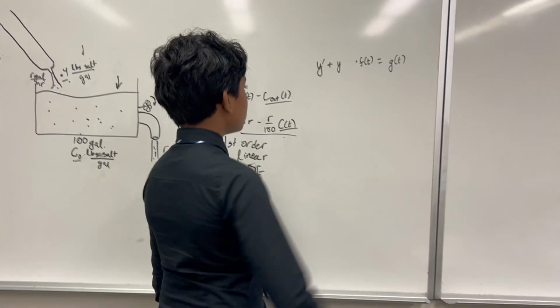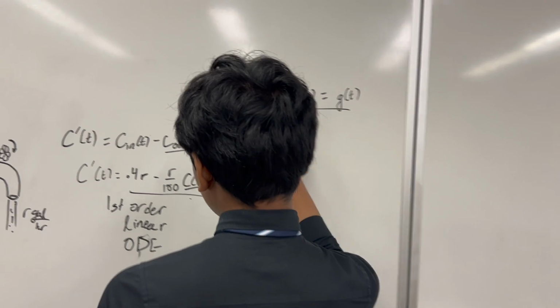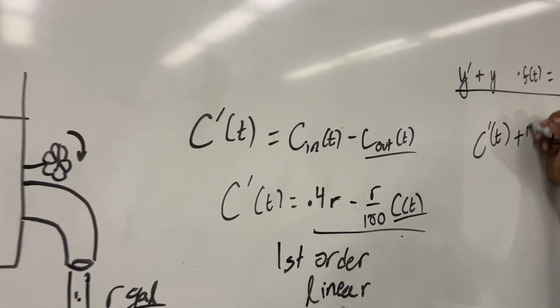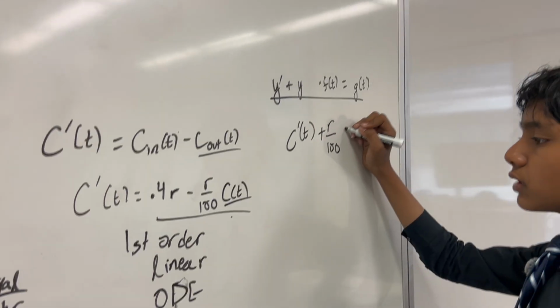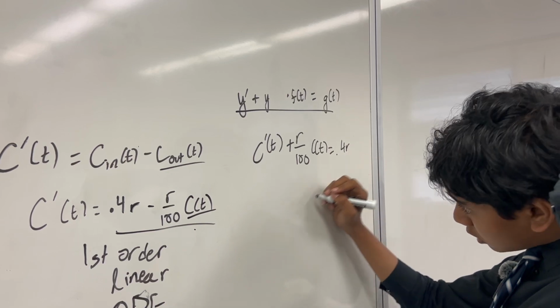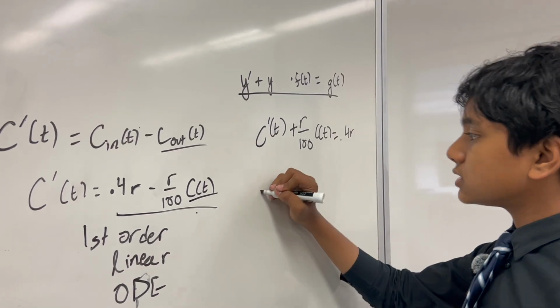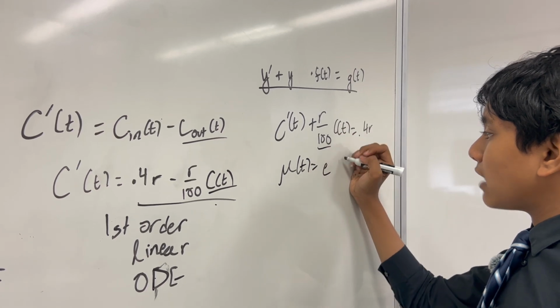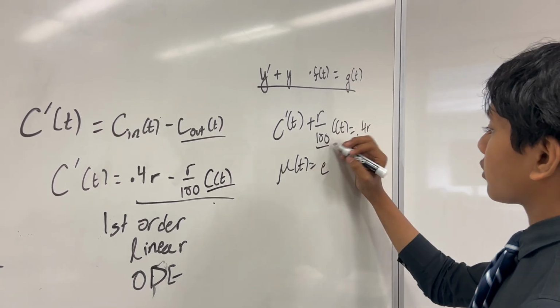All right, so let's arrange this in standard form. We get c prime of t plus r over 100 c of t equal to 0.4r. Now let's have the integrating factor, which is just e to the power of the integral of this.